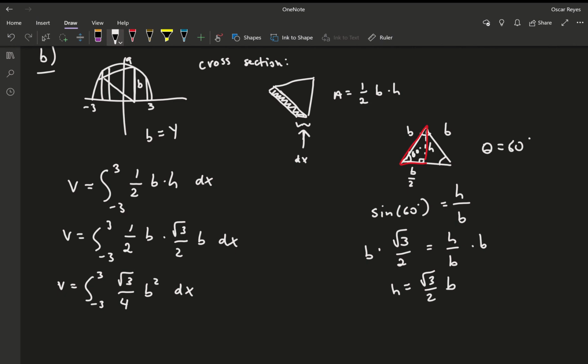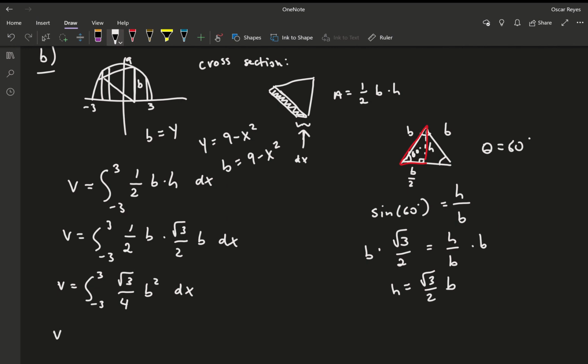So if we know what y equals, which is whatever the formula for that function is, which was 9 minus x squared, we can plug our y value into here, and we know that b equals y, so b has to equal 9 minus x squared.